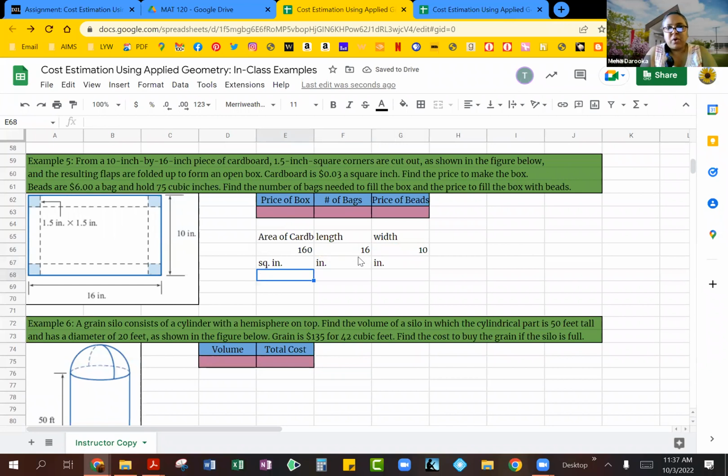Alrighty, so now that we know the area of our cardboard, can you tell me how much it will cost to make the box? Now, in the price for making the box, do you leave the corner pieces out?